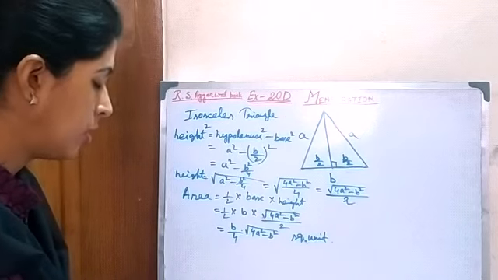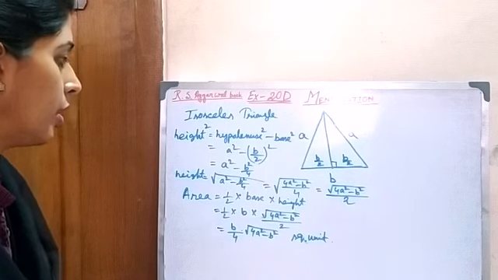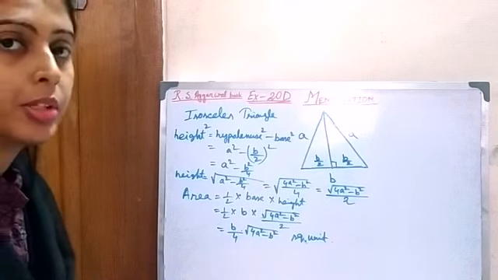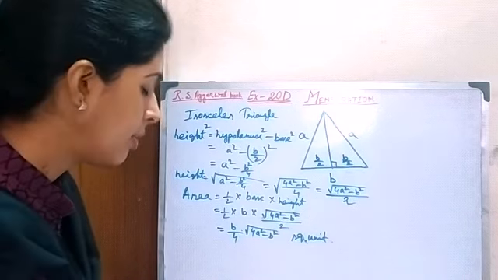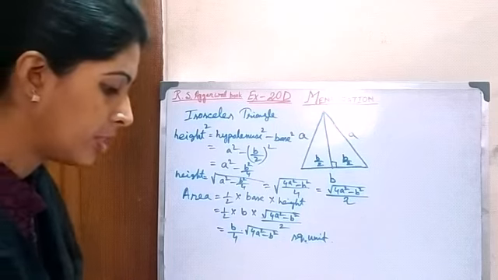Now we will see the area formula of scalene triangle. Scalene triangle means 3 sides are unequal. This is a scalene triangle.